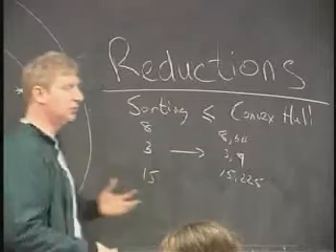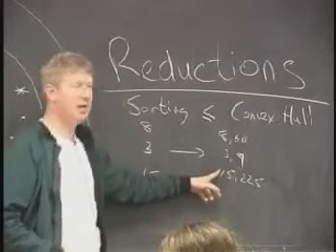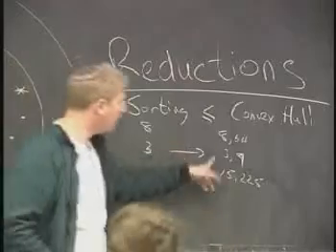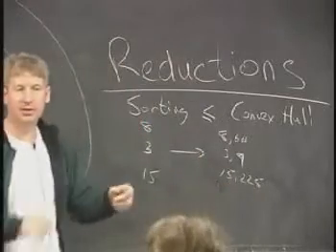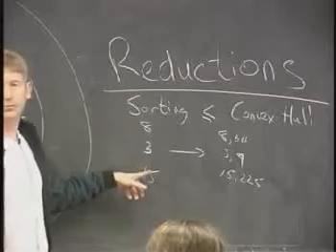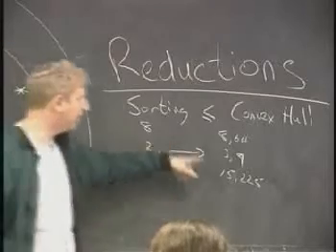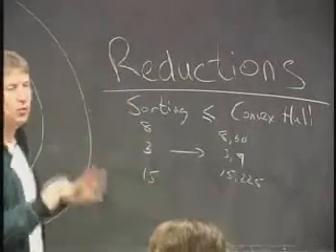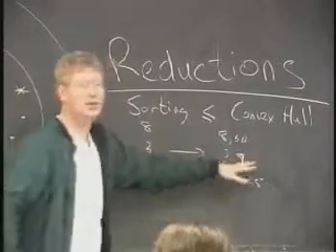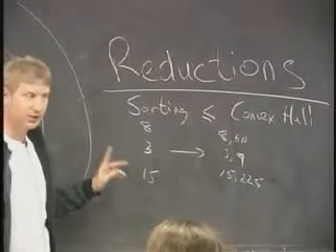And what has to be true is that whatever this tells you about convex hull should tell you something equivalent about sorting. If you come up with a convex hull of these points and get them in order, it will be the same order as these points, because they end up lying on a parabola. That's the intuition behind reductions. In this problem, these are not decision problems. There's no yeses and nos here. So it's going to be a little different from what we do.